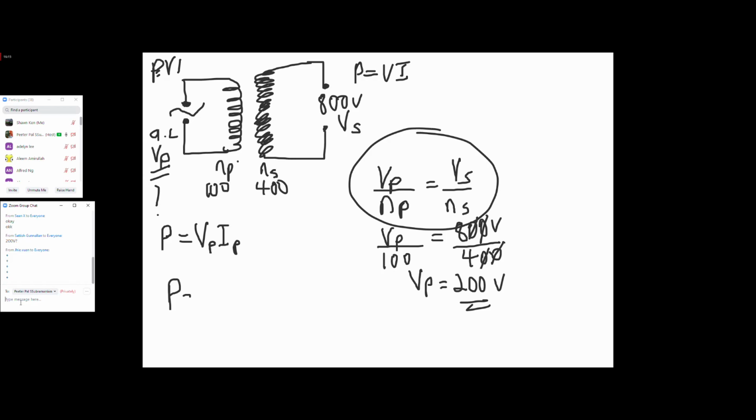Power in the secondary coil is also VI, but secondary. This can be called input, and this can be called output. So this is input, this is output. Okay, done.